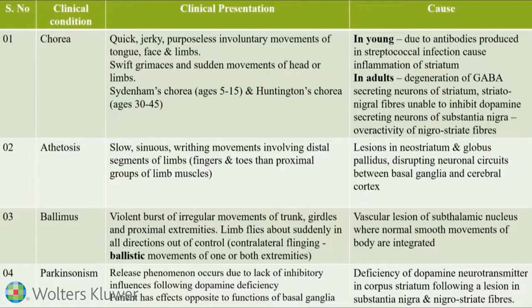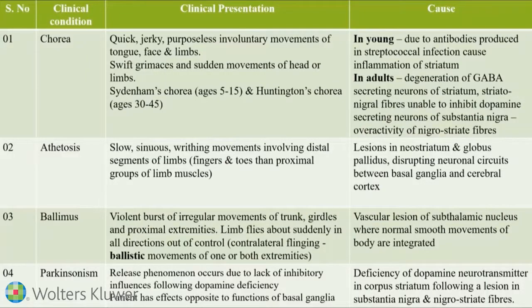So, chorea in children is due to antibodies produced in streptococcal infection, which can cause inflammation of striatum. Chorea in adults is due to degeneration of GABA secreting neurons of striatum. Hence, striatonigral fibers are unable to inhibit dopamine secreting neurons of substantia nigra, leading to overactivity of nigrostriate fibers.